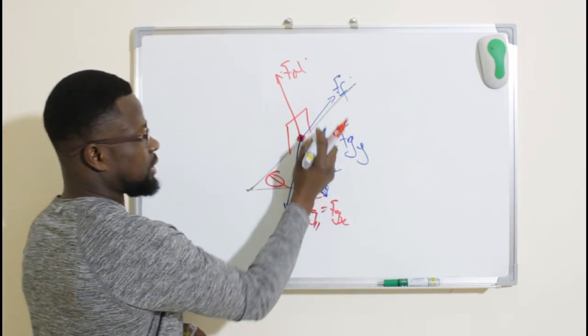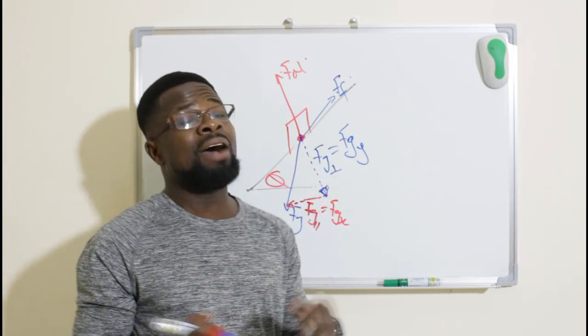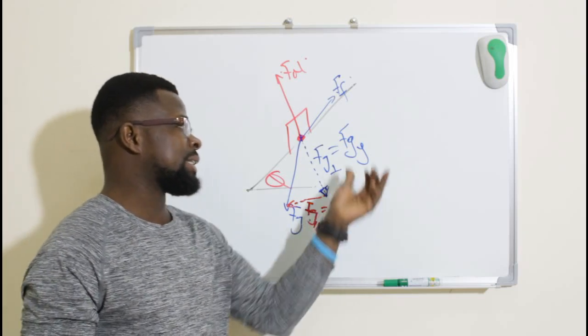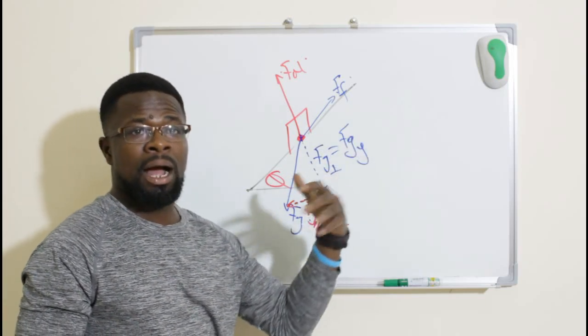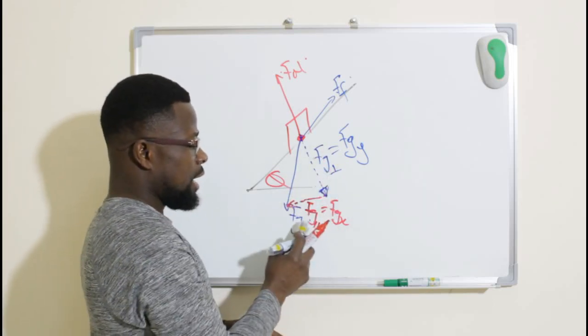Okay, so this is FGY or FG perpendicular. Once we have it this way, I will be making use of the FGX and then FGY. I know most of you are familiar with the FG perpendicular and FG parallel.